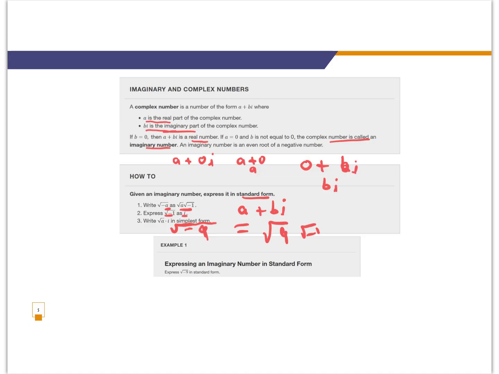And the square root of negative 1 is i, so I say square root of 9 times i. And the square root of 9 is 3, so that just turns into 3i. So that's how we get the negative out of a square root.